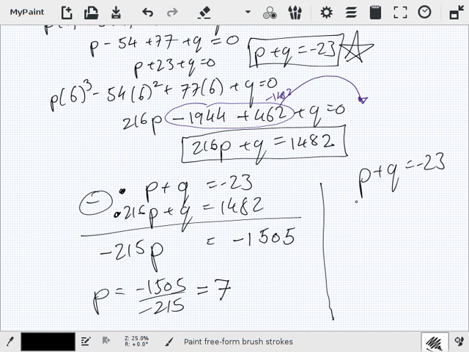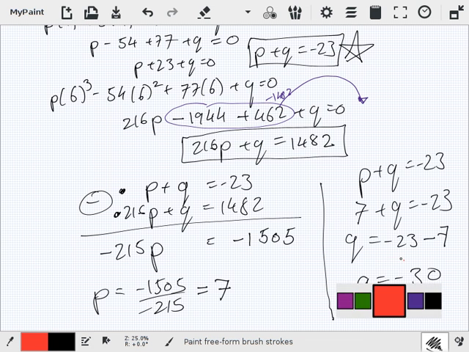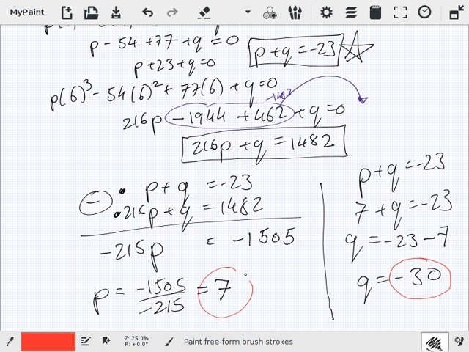P is 7, so 7 plus q equals minus 23. So q is minus 23 minus 7, so minus 30. So there is the q, and there is the p.